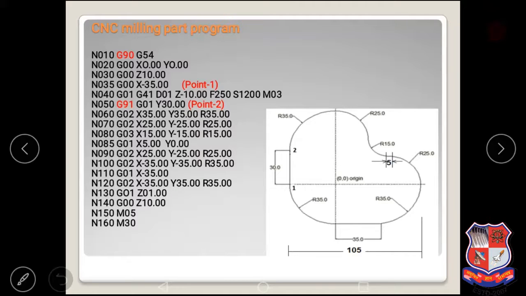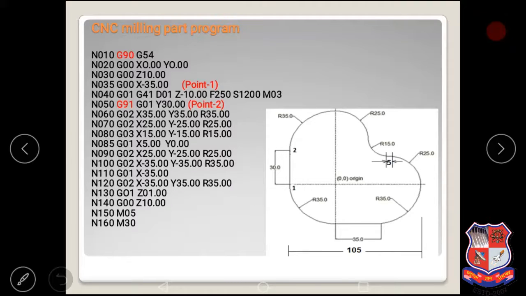The starting point is already specified, so we only have the option to select the cutter radius compensation, and that is cutter radius compensation left. So we have to use the command G41 because the starting point is already specified in the drawing.